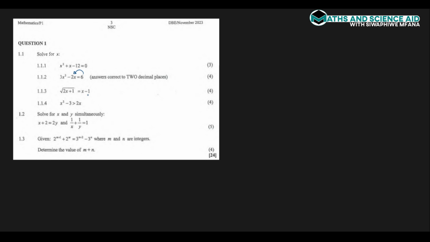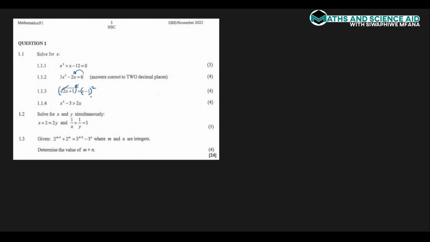And then in 1.1.3, we have the square root of 2x plus 1 is equal to x minus 1. So here, the nice thing is that you see the terms that are under the square root are already isolated on one side of the equation. So this means that you can just easily square both sides of this equation, okay? Just like this, because this will of course remove that square root, and then you'll have to expand on the right hand side.